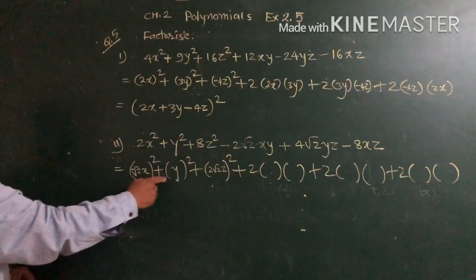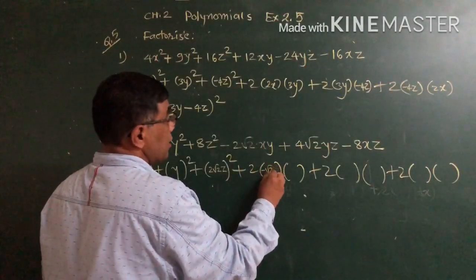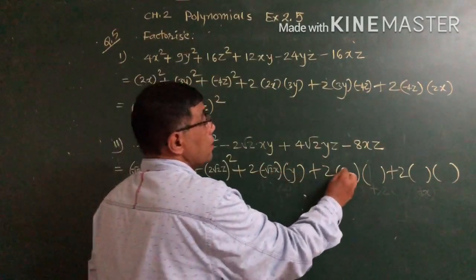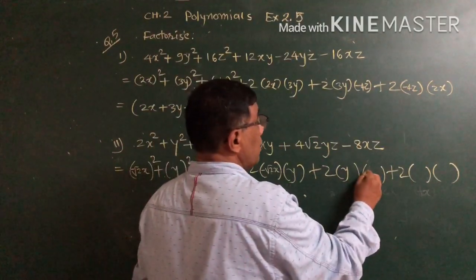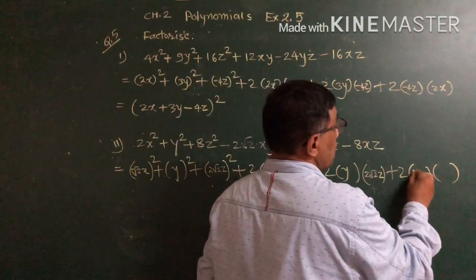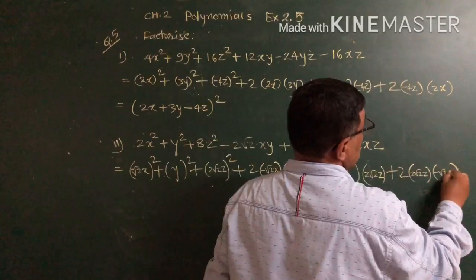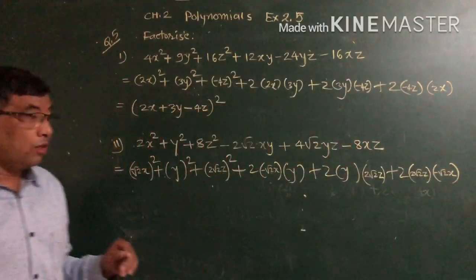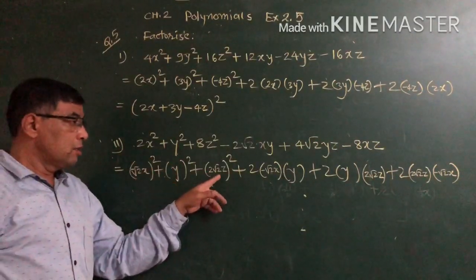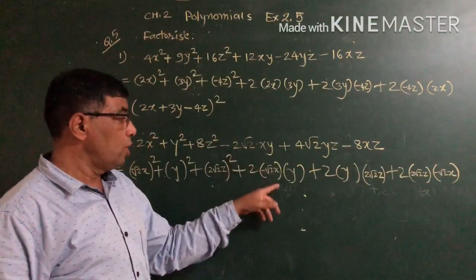So now we know a, b and c, which we apply here. So a, that is minus root 2 x, b, y. Here y and 2 root 2 z. Here 2 root 2 z and a, which is minus root 2 x. Now we check it. This is already 2x square. This is y square. This is 8z square. This one is minus 2 root 2 xy.